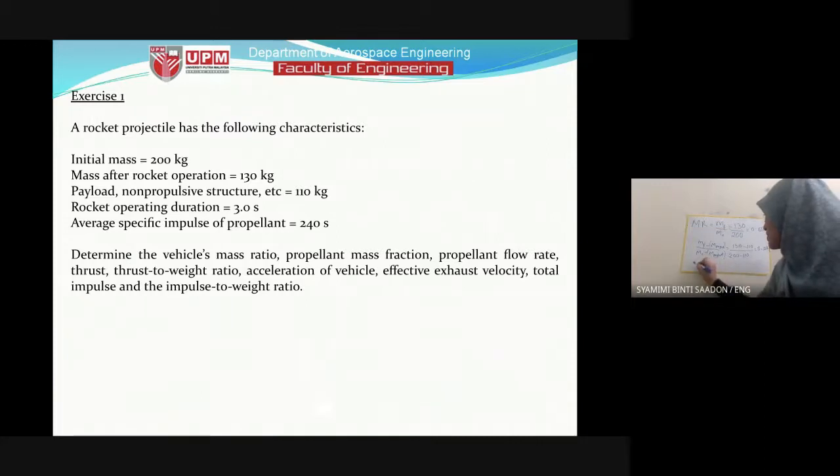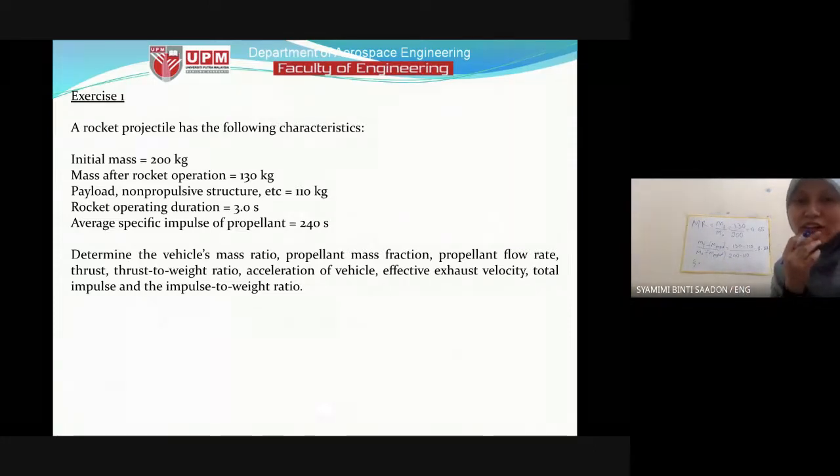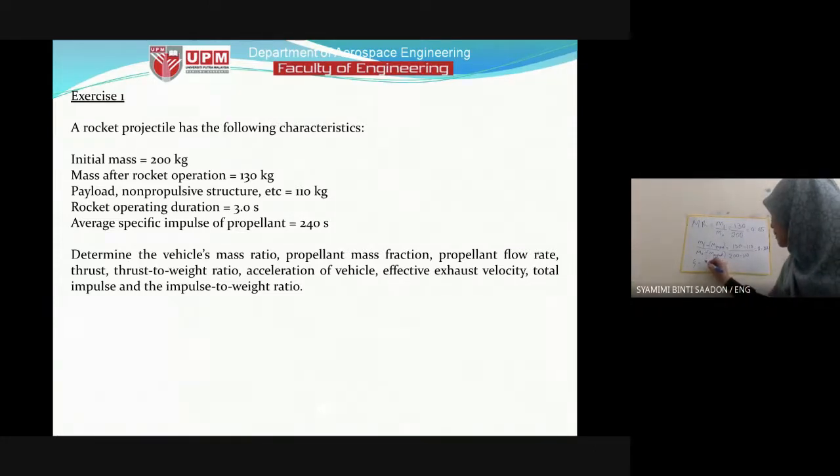For the propellant mass fraction, we use this notation. For the propellant, we use M0, the initial mass of the body of the rocket. The initial mass of the propulsive system minus the final mass, over the initial.